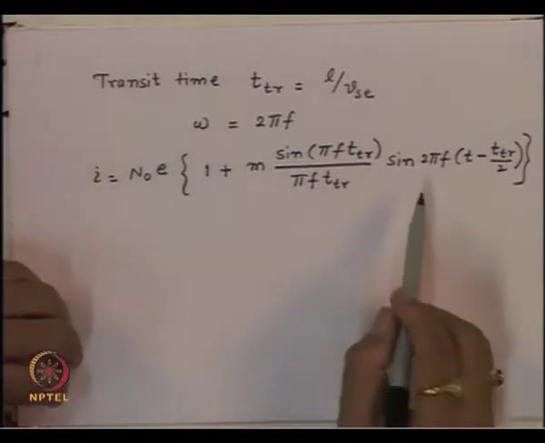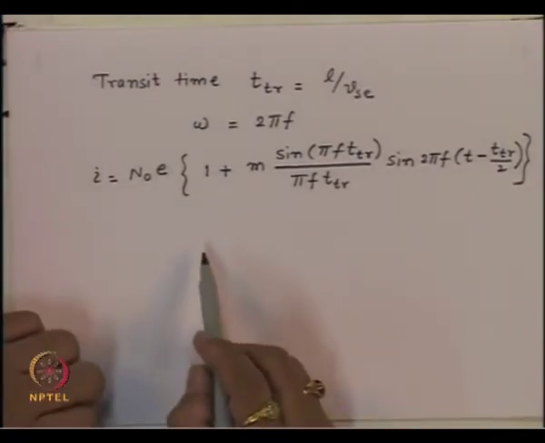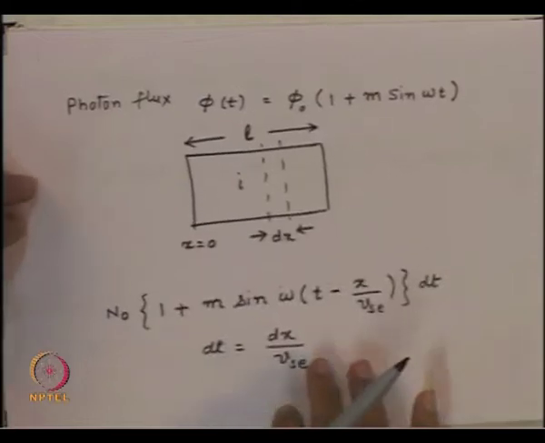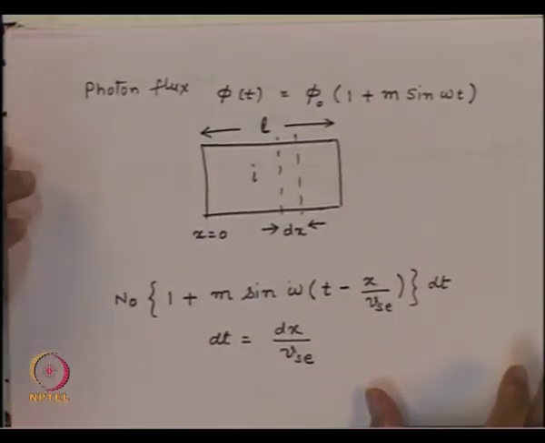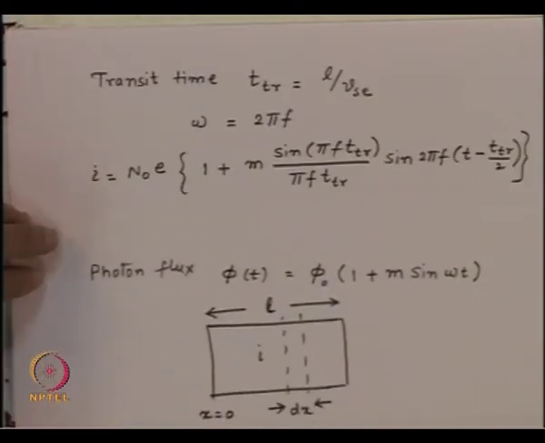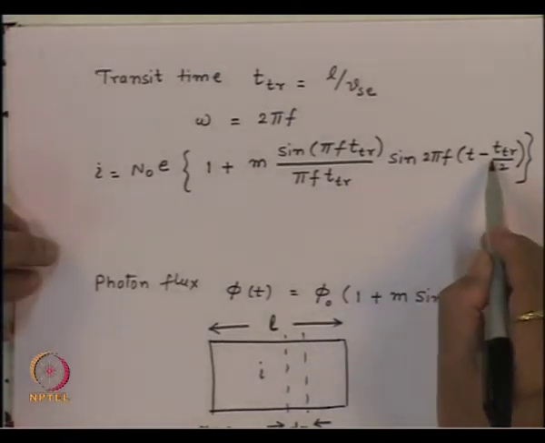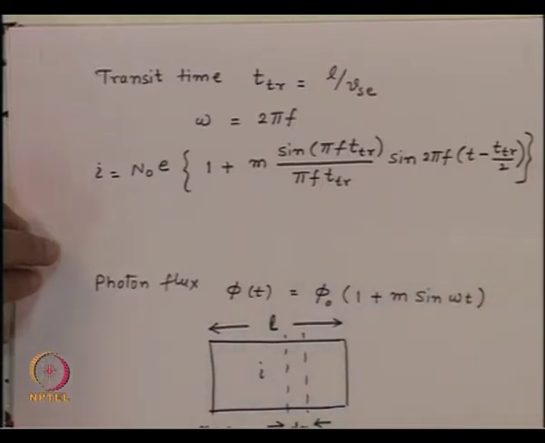So, two things can be noted here. Firstly, if I compare this expression with the original photon flux, which is here, there is a delay now introduced in the signal, because this quantity now has t minus t_tr by 2.